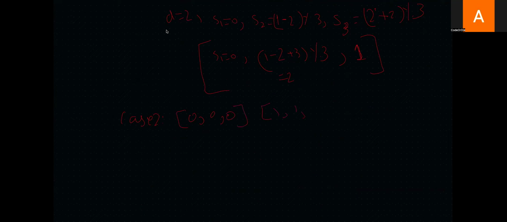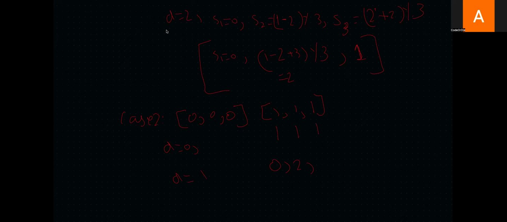Now, I will show you if D is equal to 0, then S1 will remain 1, S2 will be 1 minus 0 modulo 3, which is 1, and 1 plus 0 modulo 3, which is also 1. Now for the D is equal to 1 case, 1 minus 1 is 0 modulo 3, 0, 1 plus 1 is 2 modulo 3, which is 2.